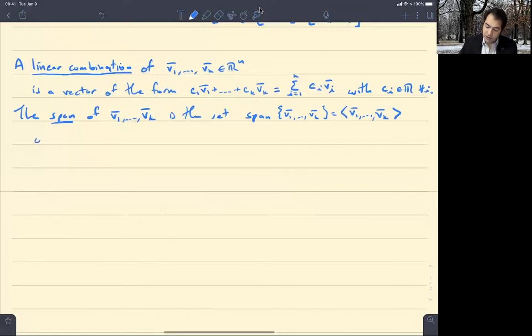This is the set of all linear combinations of these vectors.